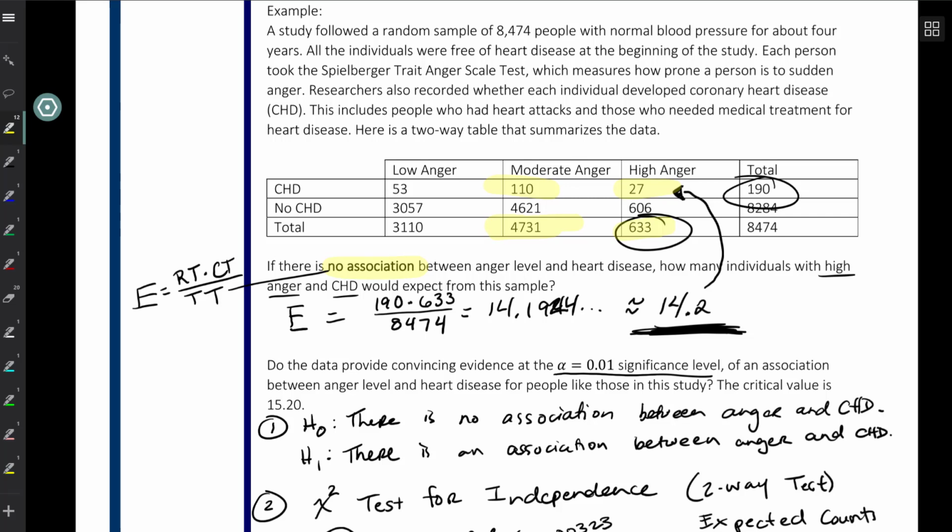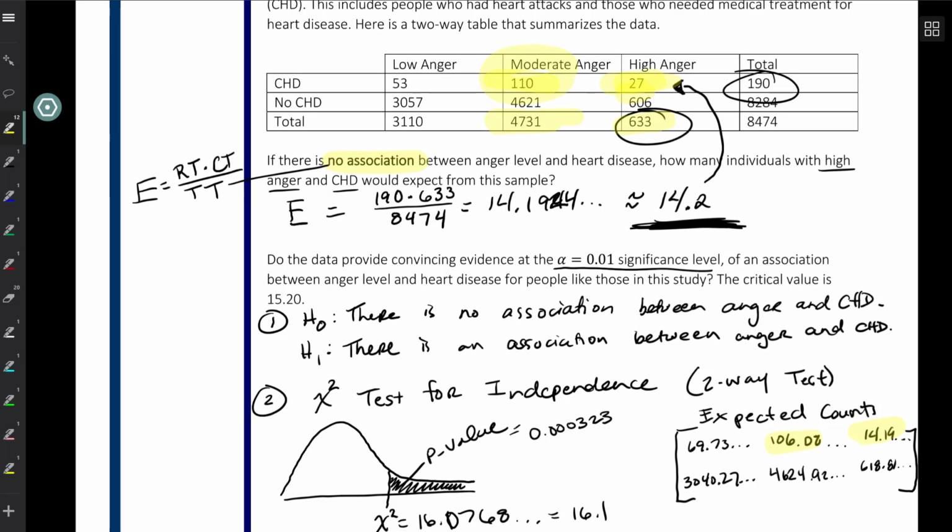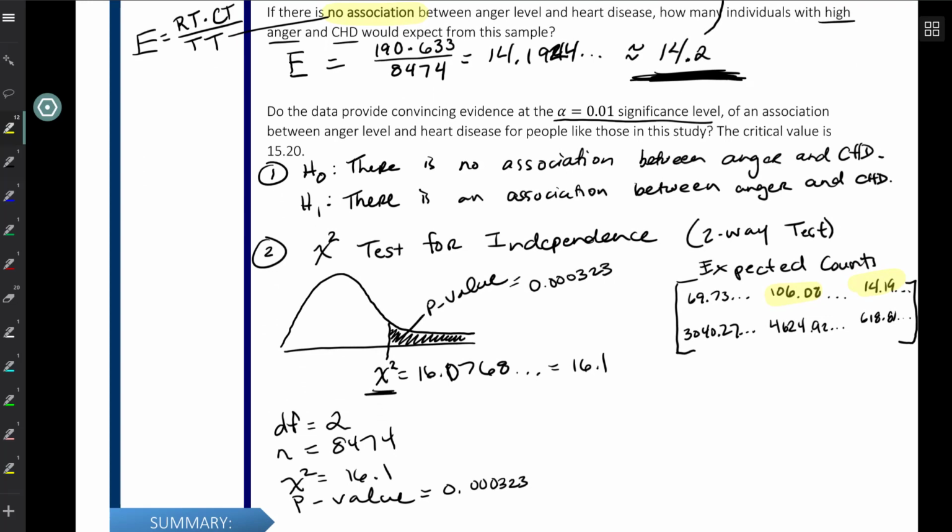And that's really skewing our perception here, right? If you look at the expected counts, the moderate anger is really not that far off from what we actually observe. The expected counts are very close. But when we look at the expected counts for high anger and heart disease versus observed, that's what we see in the shift. That's what's making the difference. That's what's giving us actually a statistically significant result.